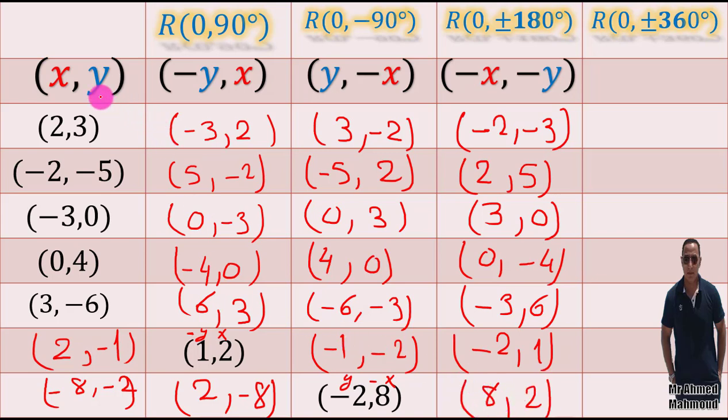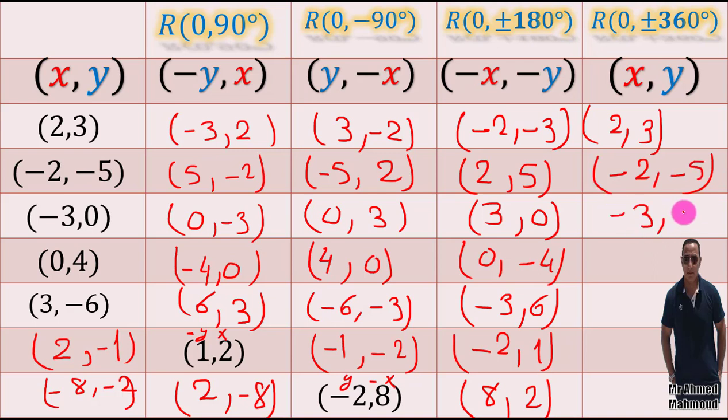Okay, now here x and y in 360 also will be x and y without change. Here 2 and 3 becomes 2 and 3 without change. Negative 2, negative 5 will be negative 2, negative 5 without change.